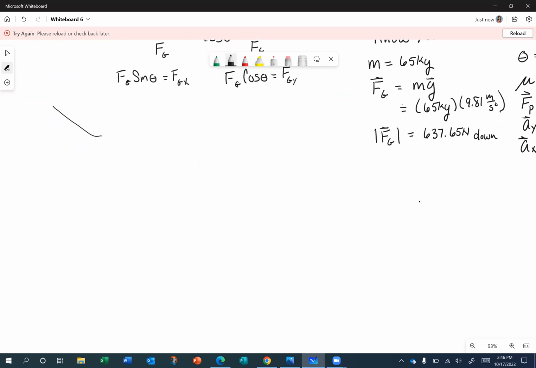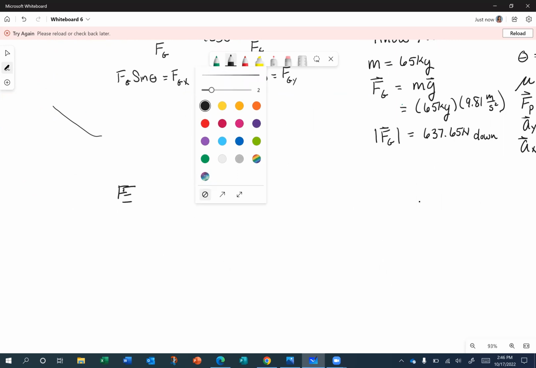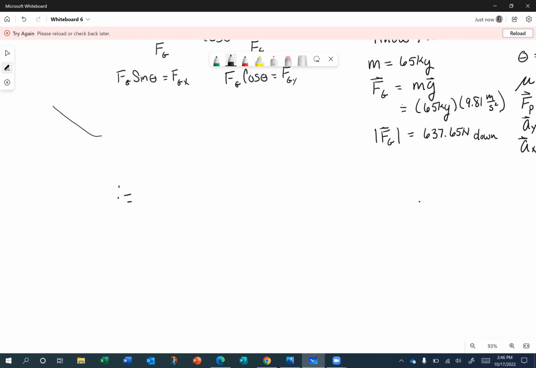Now next we take a look at equations. So summation of forces in the x equals max.